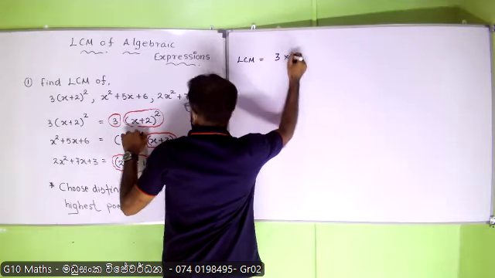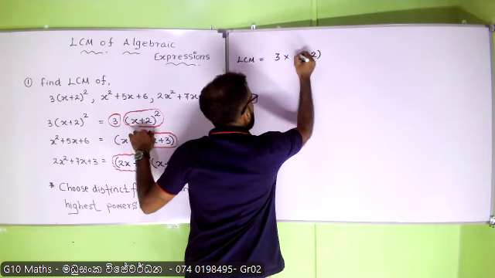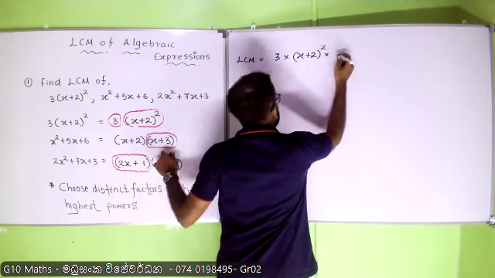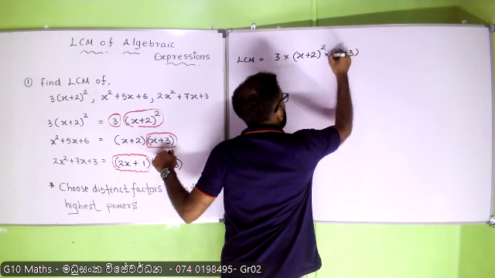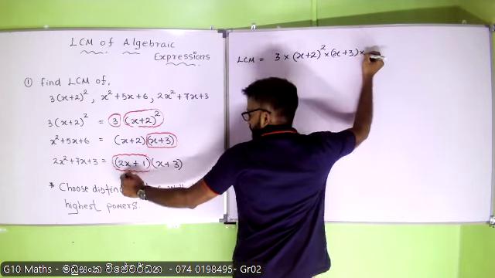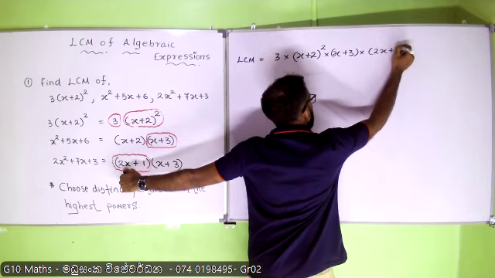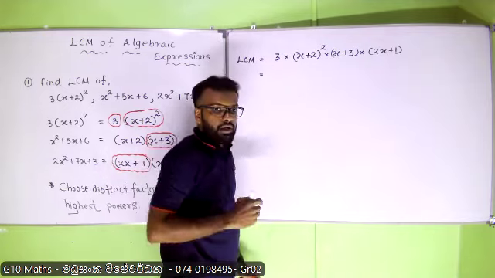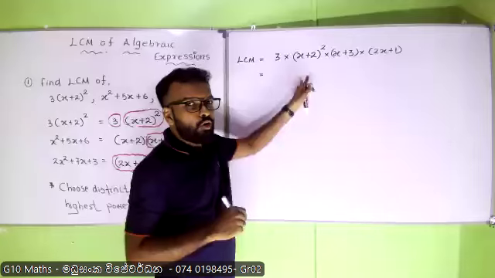Multiply by x plus 2 to the power 2. Multiply by x plus 3. Multiply by 2x plus 1. So you could arrange this in a particular order if you want.